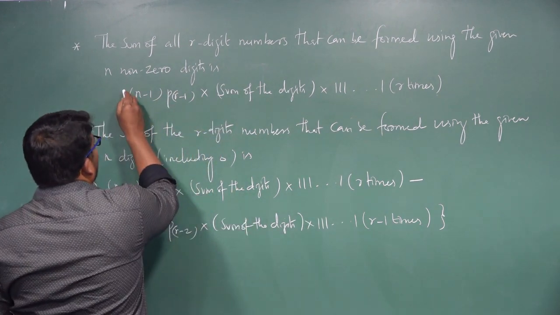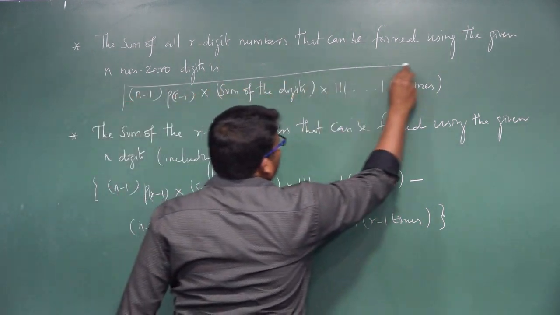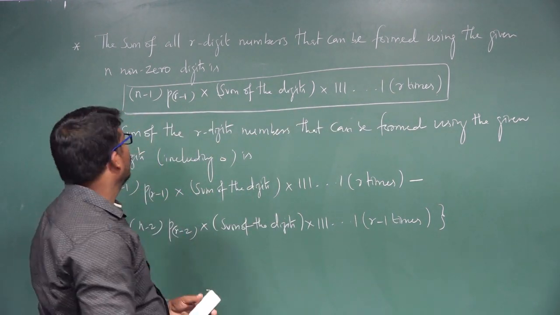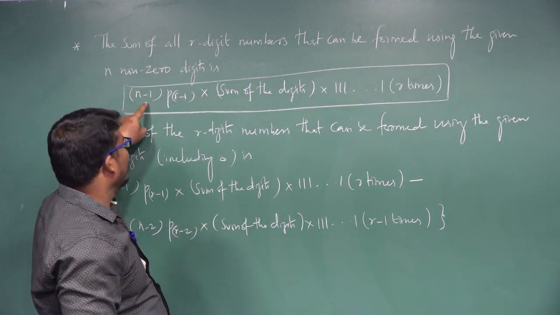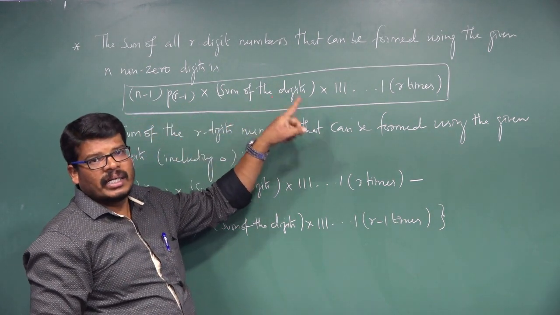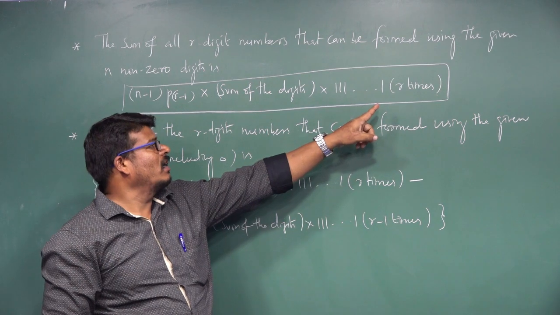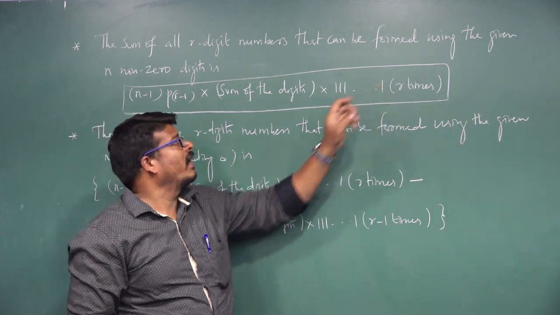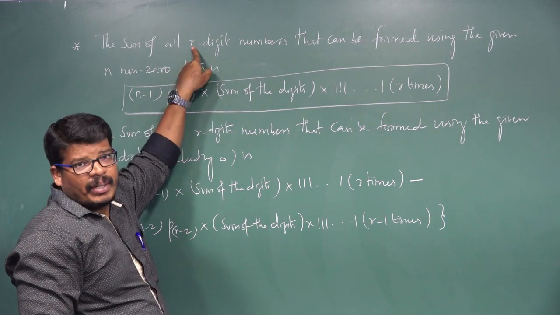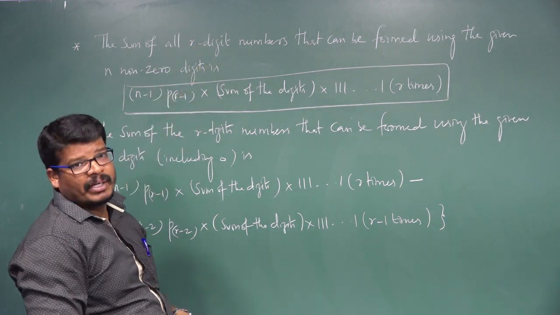The sum of the r-digit numbers that can be formed using the non-zero digits is (n minus 1)P(r minus 1) into the sum of the digits into 1, 1, 1 and so on, r times. For example, the sum of 4-digit numbers or sum of 5-digit numbers, anyone.